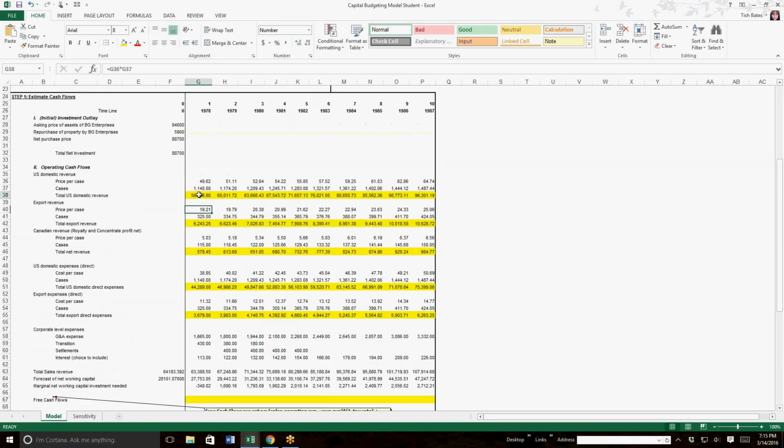So basically what I did was I looked at the example, and these formulas are literally the price per case times the number of cases, and you just literally copy the formula over. So like, formula here with total U.S. domestic revenue, that formula there. Yeah, and each one of them's like that.